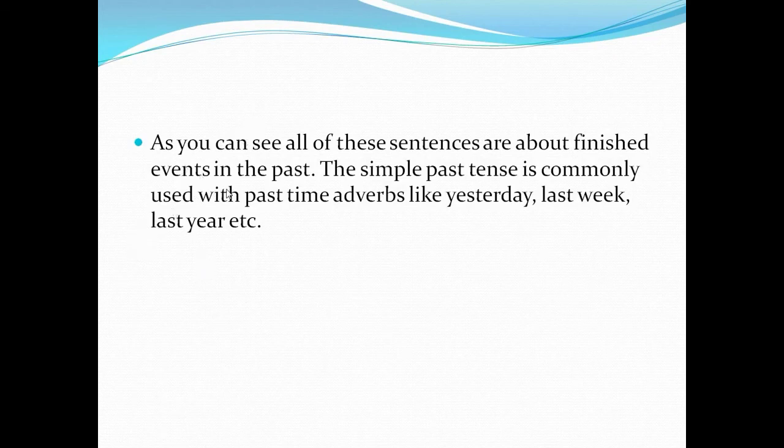As you can see, all of these sentences are about finished events in the past. يعني هاد sentences اللي شفنا قبل الجمل يعني كلهم على واحد الأحداث اللي هما قادوا.